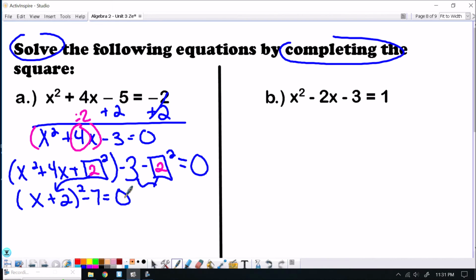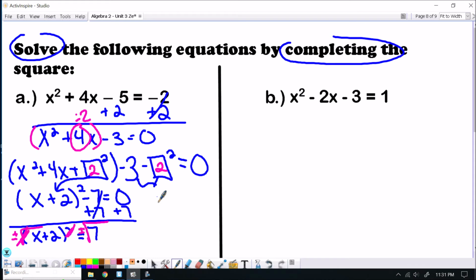So we just need to go through and solve. I would be done if I was just completing the square, but now we're actually at the solving part. So I'm going to add 7 to both sides. It's equal to 7. I'm going to get rid of the square, so I'm going to plus and minus square root both sides, which gets rid of the square.